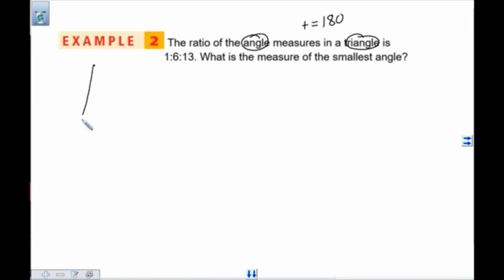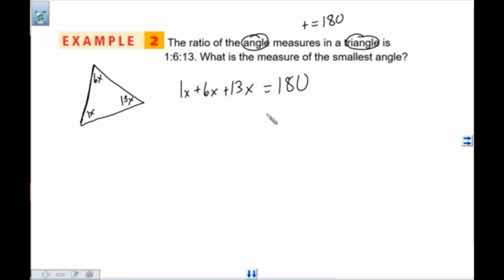So this would be like if we had a triangle with 1x, 6x, and 13x, relating the different angle measures. So that's what we would add. 1x plus 6x plus 13x equals 180.